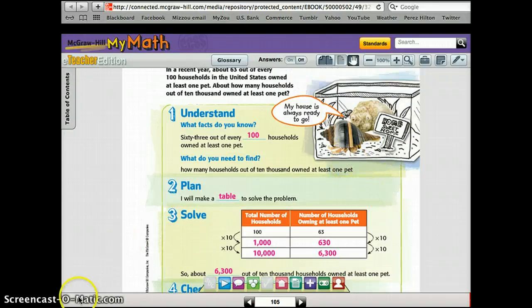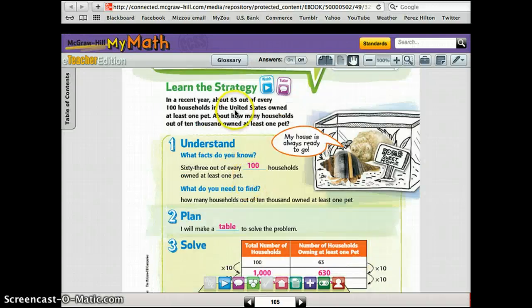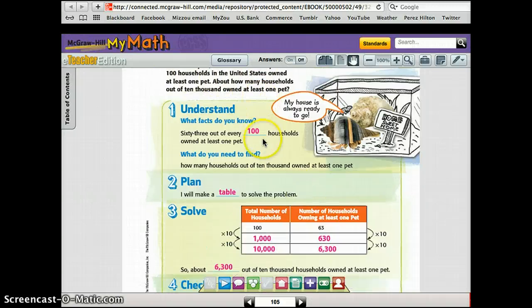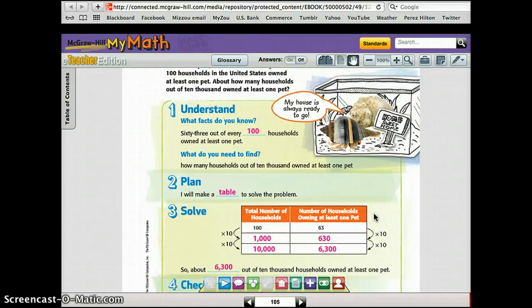Here, they're organizing the information in the problem. This column is total number of households, and this is number of households owning at least one pet. They gave us that there were 63 out of 100 households that owned one pet in a recent year. So that's organized here, 63 and 100 households. Then we have to figure out how many out of 10,000.